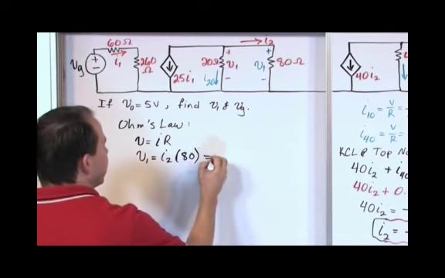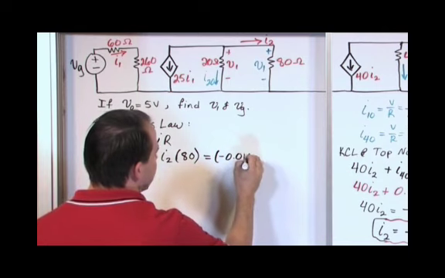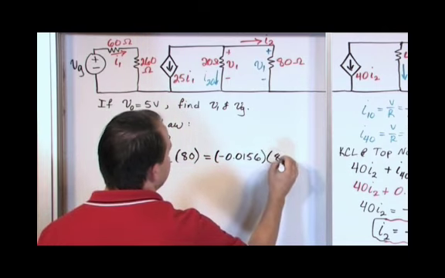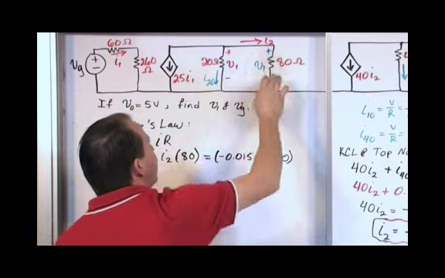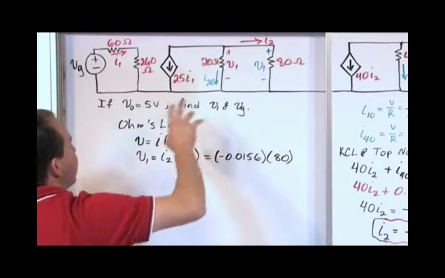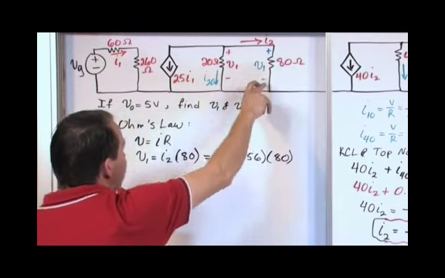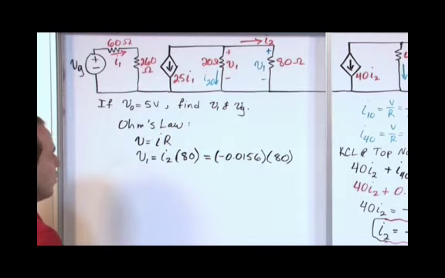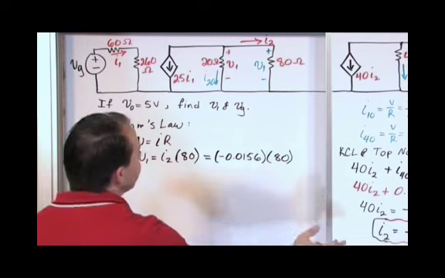And so what this is, I sub 2, we just found negative 0.0156 times 80. Notice we stuck the negative in here because this polarity and everything is all given to us and consistent with our drawing, so we don't care that it's really backwards. We just draw it in the direction of the drawing, which is I times R. I happens to be negative, so we stick a negative in there.